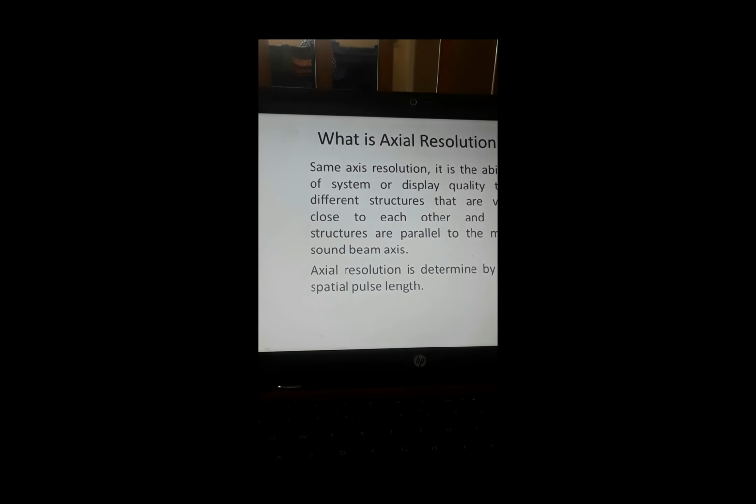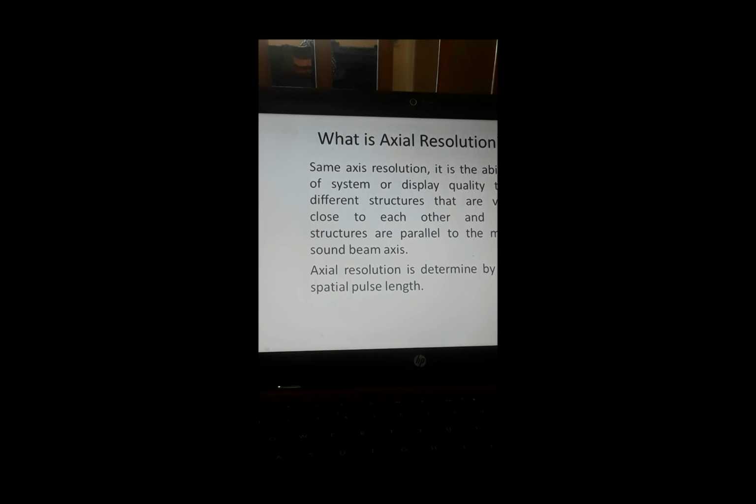The axial resolution is determined by SPL, and is all about the function of the machine. The lateral resolution, we can change by moving the focus point.